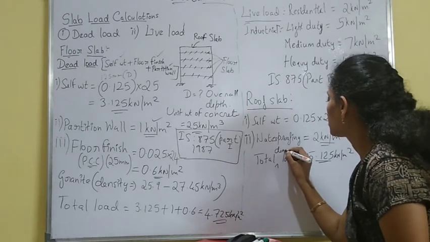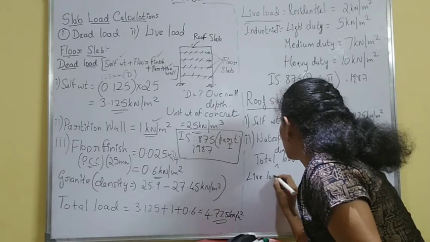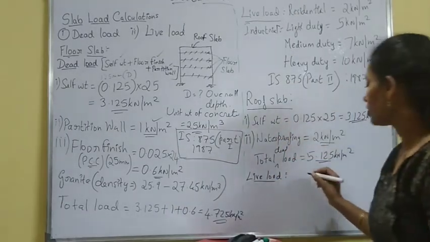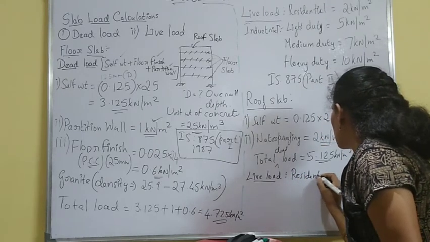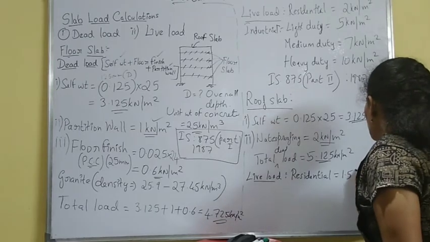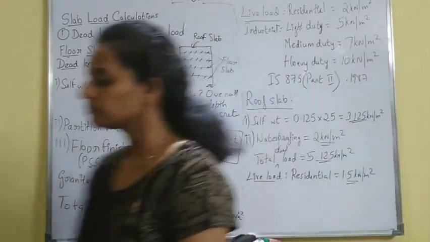Next, the live load for roof: for residential we will consider half of it, that is 1.5 kilonewton per meter square.